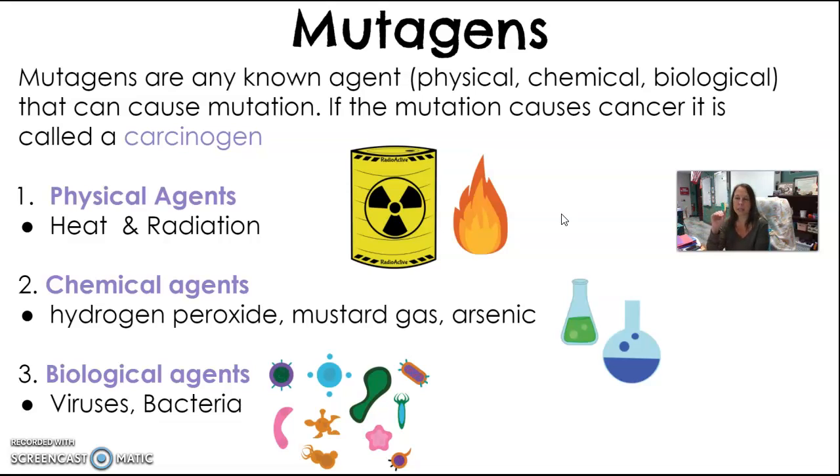So some of the things that can do that, we can have our physical agents. So physically something happens, right? So excessive heat could cause a mutation, not necessarily in humans, but some other organisms, especially those single-celled organisms that are floating around in ponds and things. Heat can easily change that. And then we also have things like radiation, right?